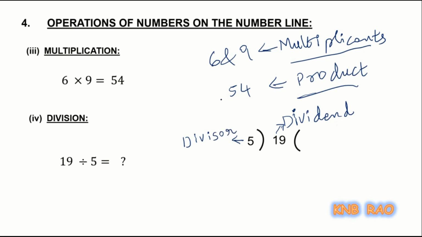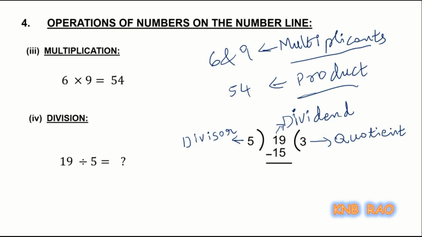Next, here 5 3s are 15, we write it down below 19. Here 3 is what we get, the quotient, and 5 3s are 15, that 15 is subtracted from 19.